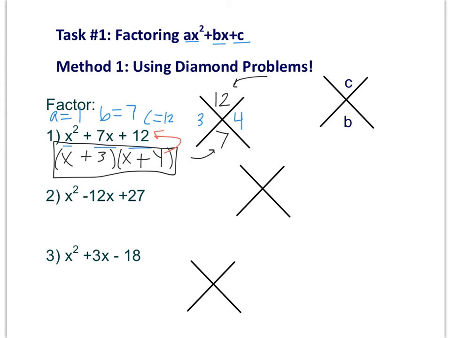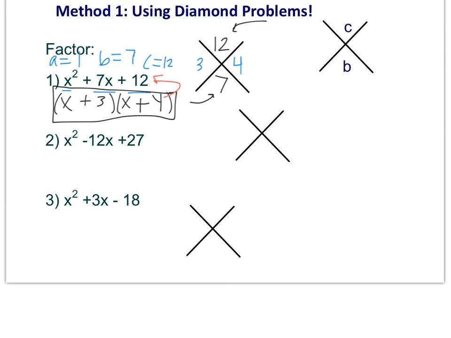So let's try number 2. And the diamond's already set up, so x squared minus 12x plus 27. So 27 goes on the top, negative 12 goes on the bottom, and now I have to ask myself, what are factors that multiply to be 27, but at the same time add up to be negative 12?